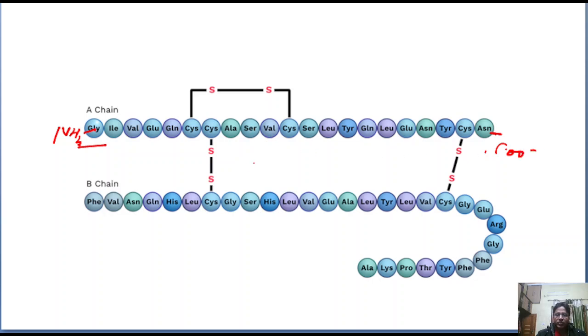These two chains are linked by cysteine residues, as we have discussed, which are involved in disulfide bond formation. One end is the amino terminal and the other end is the carboxy terminal. In this way, polypeptide chains are named starting from the amino terminal.